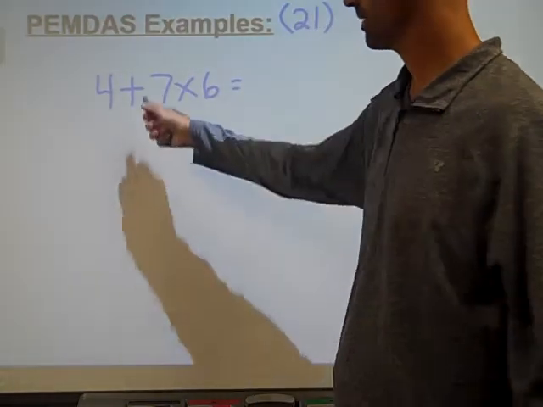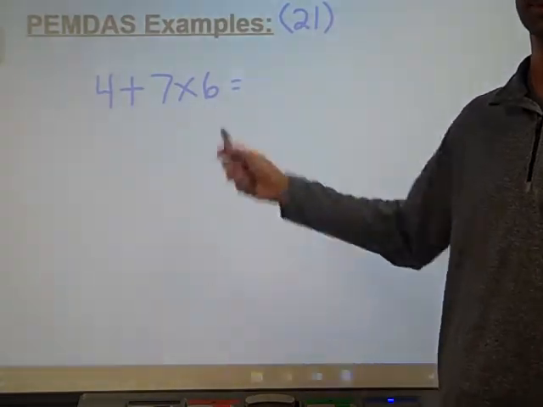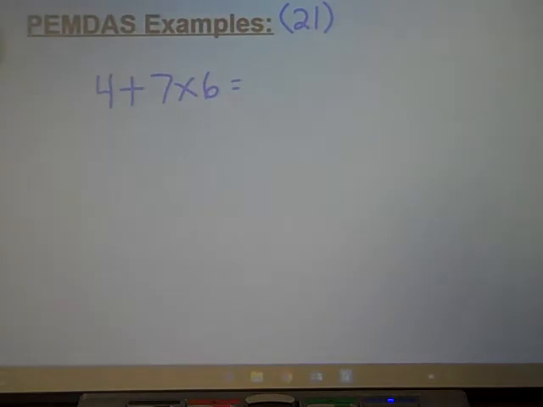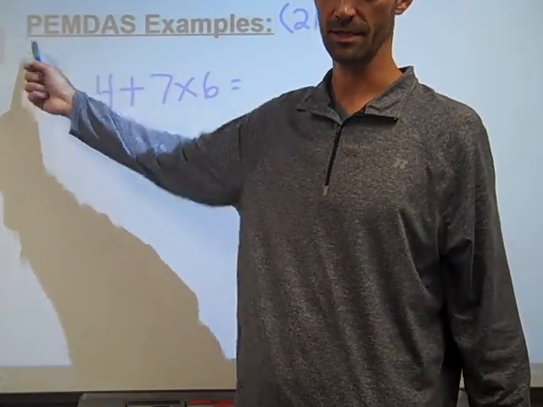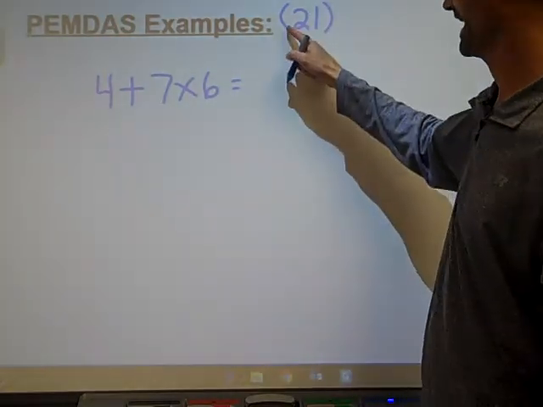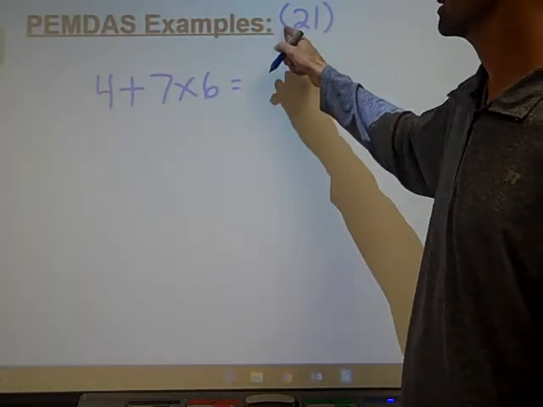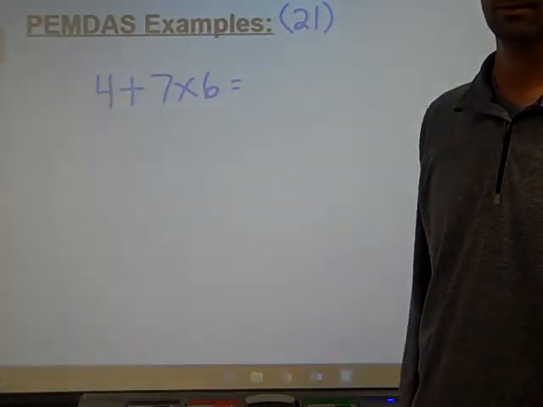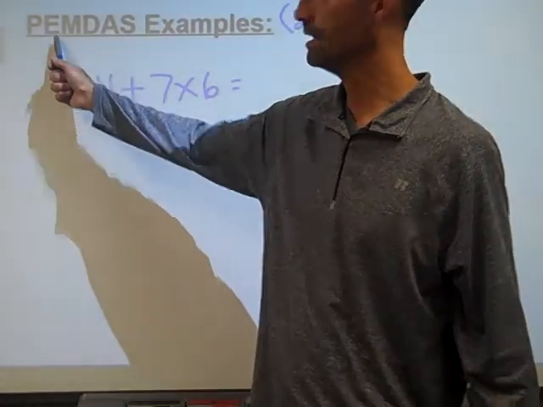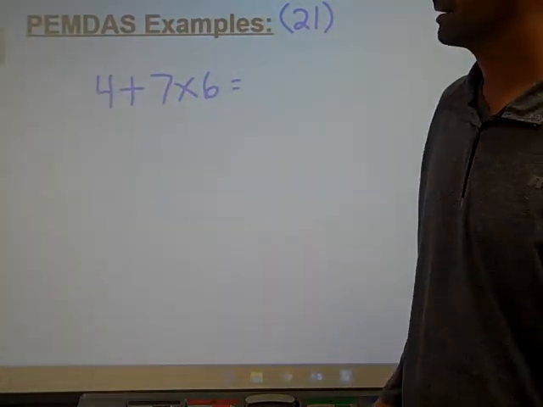Okay. 4 plus 7 times 6. And with PEMDAS, we always start at the beginning with the letter P for parentheses. Are there any parentheses? These are what parentheses look like. Are there any parentheses? No. Okay, then we go to the E. Exponents. Are there any exponents?